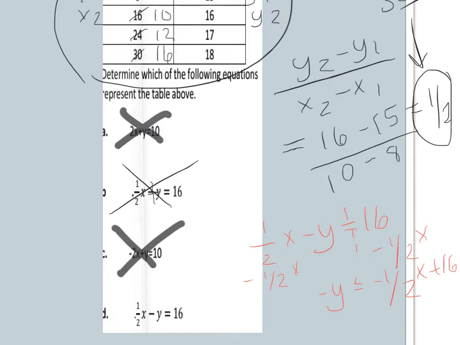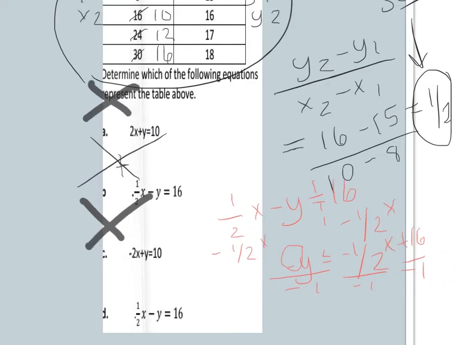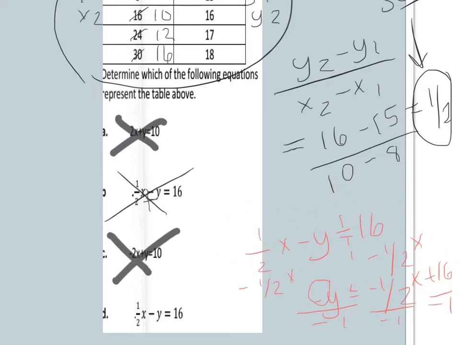Well, am I done? Heck no, I got this negative coefficient here. So if I have a negative coefficient, I'm going to divide by that number. And when you put a negative and a negative on a calculator, what happens is it becomes positive. So my equation should be y equals 1/2 x minus 16. And it has a positive slope, so C is my answer.